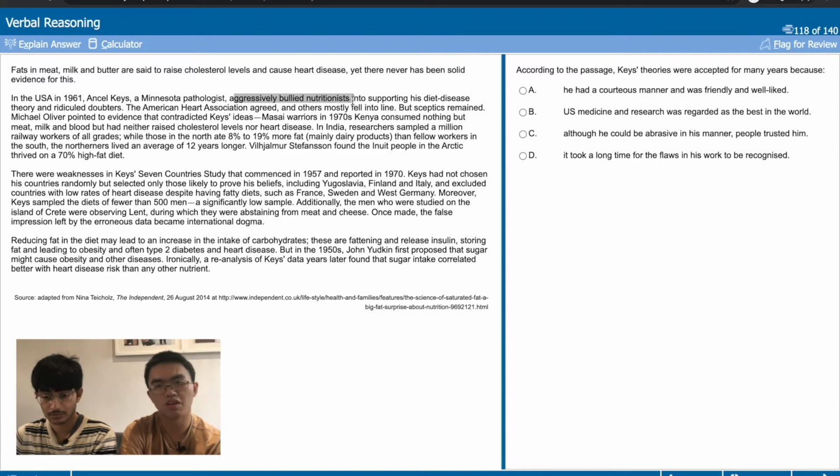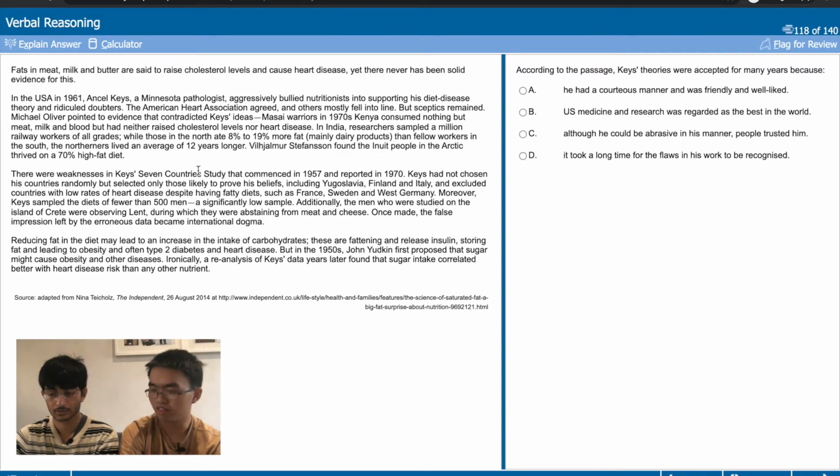B is also not necessarily right because there's nothing to tell us how well regarded the US research is. And C is not necessarily right either because we don't know that people trusted him. He bullied nutritionists into supporting his diet disease theory, so that implies that people didn't really trust him but were forced to accept his ideas.